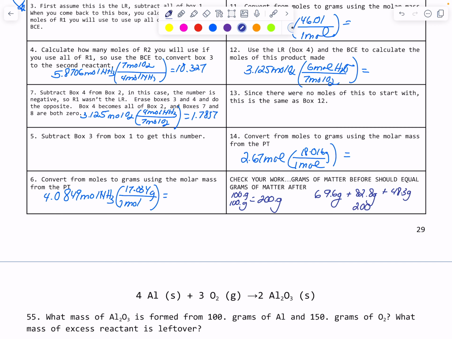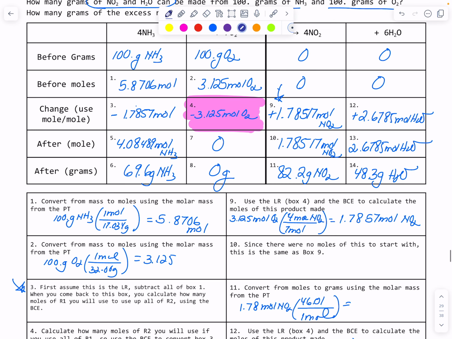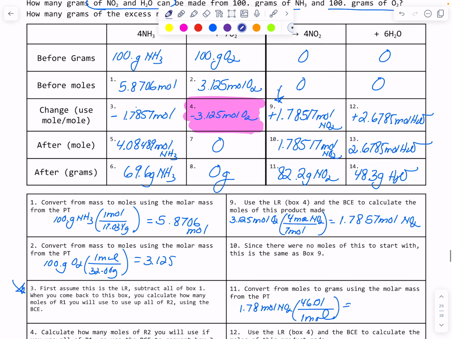And this comes out to be 200.1 grams. That's just because we had to round in certain places, which is why it's not exactly the same. But this shows us that I started with 200 grams, I ended with 200 grams. It wasn't 200 grams of product; it was that the product and excess reactant, the leftover reactant, would weigh the same.